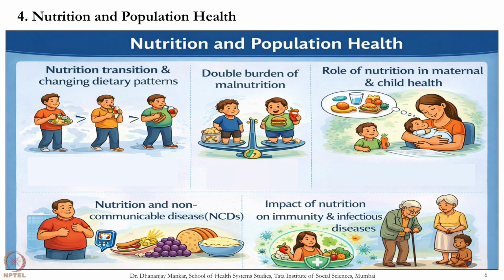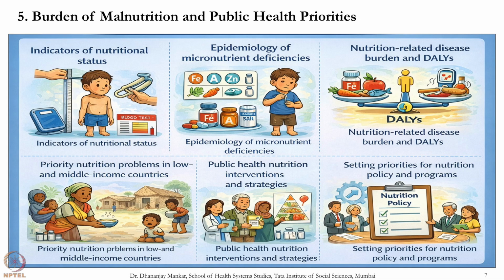Impact of nutrition on immunity with respect to the geriatric and pediatric populations plays a major role in identifying that nutrition challenges vary according to age, sex, and deprived or vulnerable population groups. The burden of malnutrition and public health priorities.